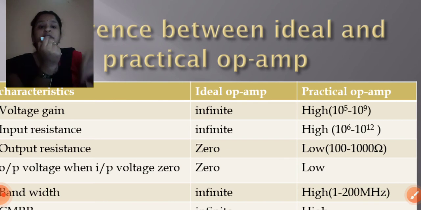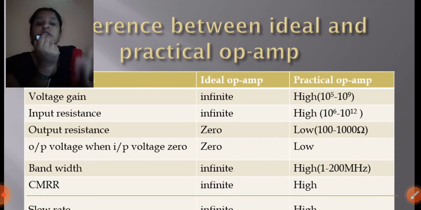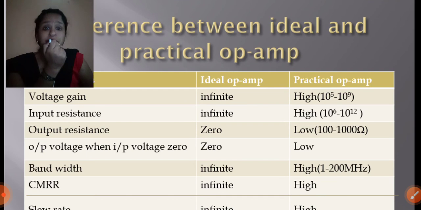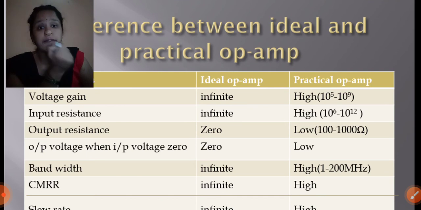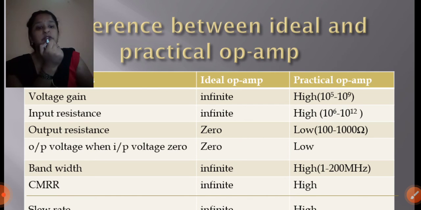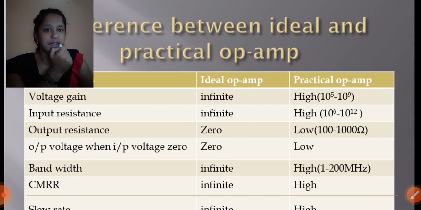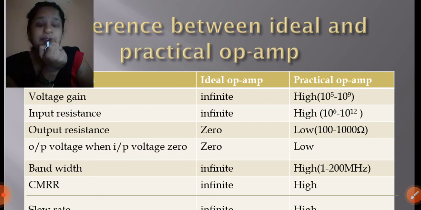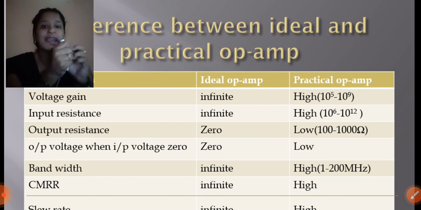Output resistance is 0 for the ideal. For the practical, we can apply negative feedback, and then only can we minimize the output resistance. Practically it is low, 100 to thousands, and we can minimize it. Ideally we can tell it is 0, but we can't do that practically, but we are trying to do that by the negative feedback method.